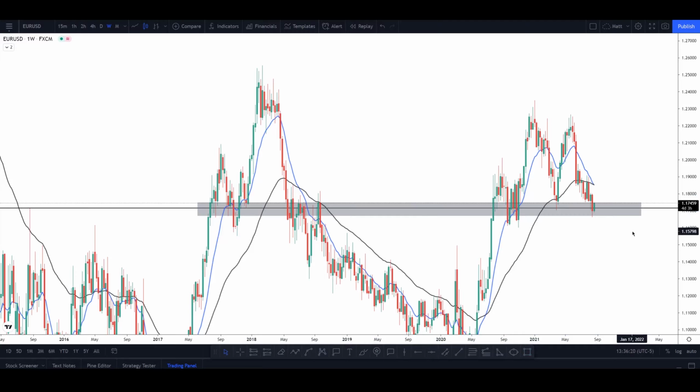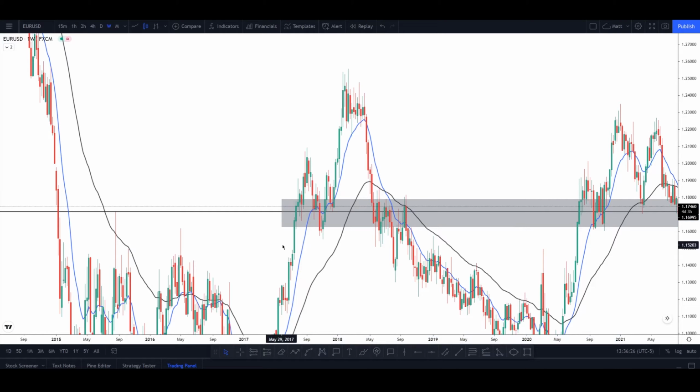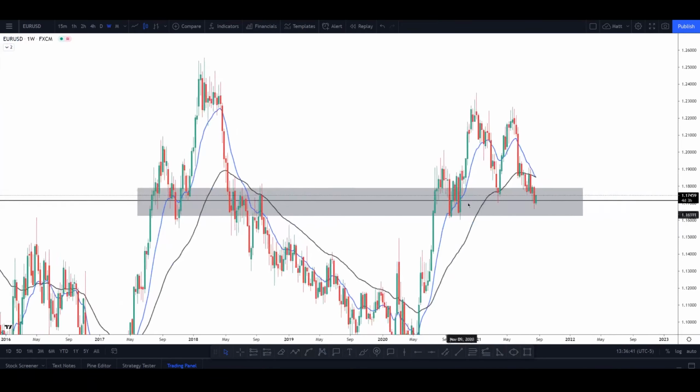Now, how wide or how thin you make this line is also personal preference. If you make this line too wide, then when you start to draw more support and resistance above or below, which I'll get to in just a second, the problem is that you'll be testing it way too frequently. And of course, probability plays a big role in this. You're never going to draw a region of support and resistance that is always going to capture every single move that tests that region.